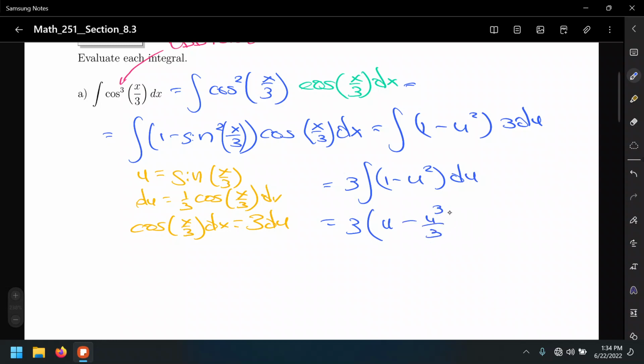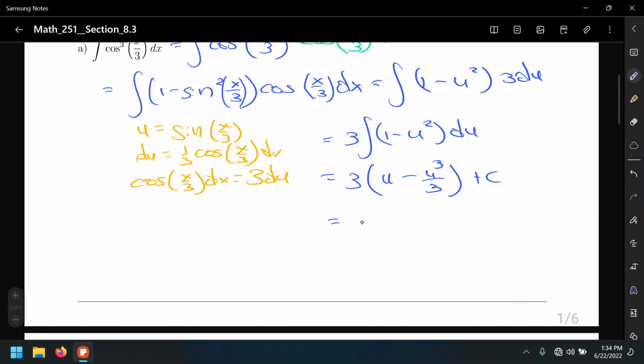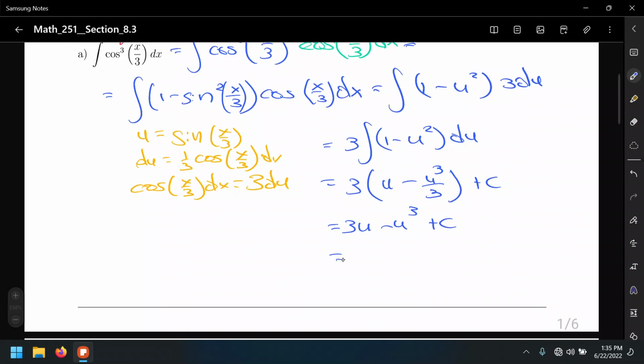U cubed over 3 plus c. Distribute the 3, we get 3u minus u cubed plus c, and all we do from here is back substitute for u. That's 3 sine x over 3 minus sine cubed x over 3 plus c.